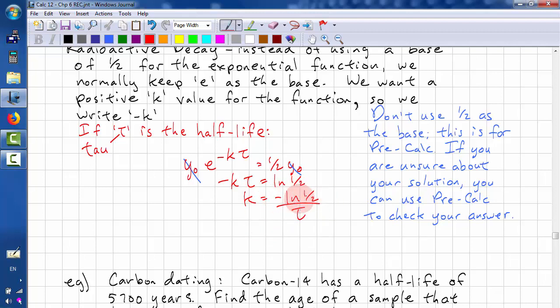And to get rid of the negative sign, we do ln of 2. Remember, this is changing the exponent to -1. And because this is used frequently in science, we have a special symbol for this. This is lambda.